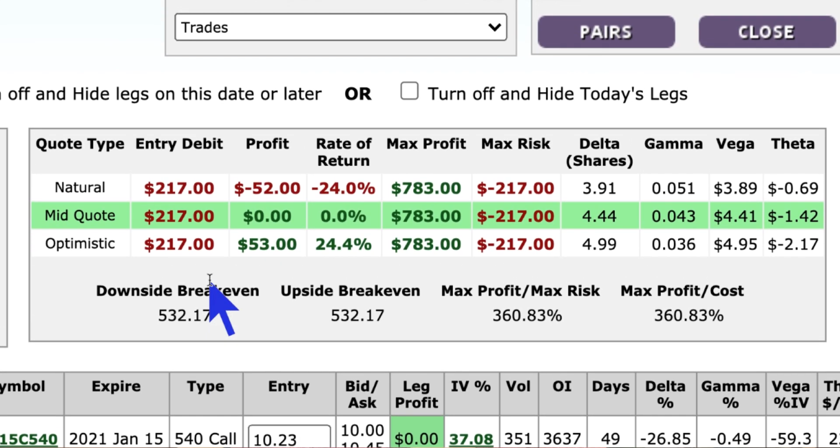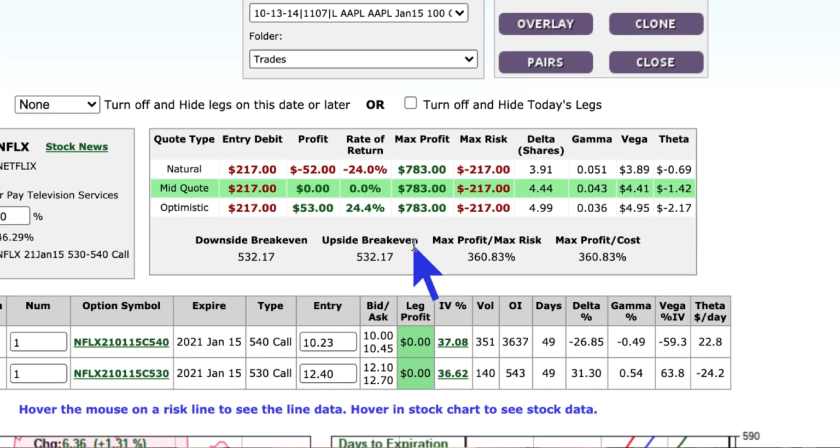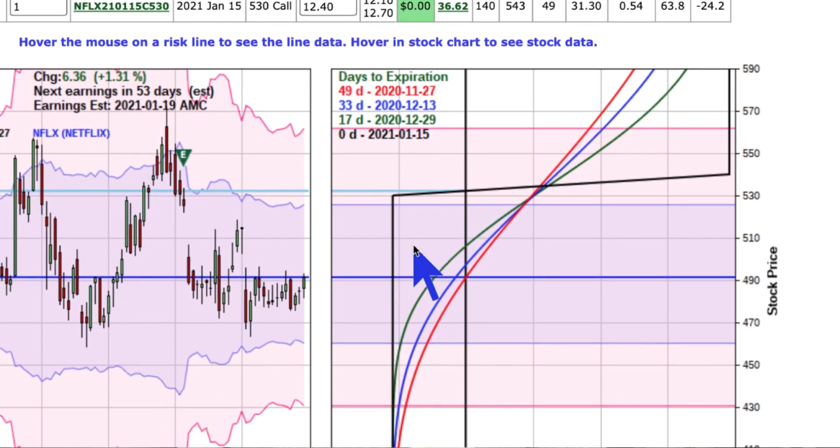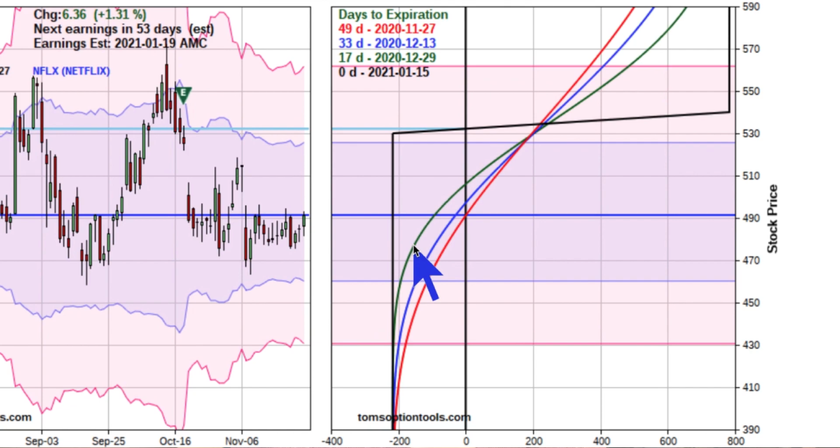But what I do know is that by creating that call spread, buy the lower, sell the higher, I can reduce my trade significantly. Now, I also noticed that this $217 cost is also the max risk, but look at the profit potential. Potentially, I can make a 360% return on this particular trade if we max out all the way into January. This is what the risk graph looks like, and it shows me that if the stock goes down, the most I can lose is what I put into the spread.